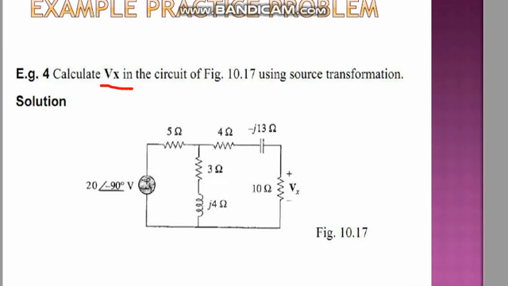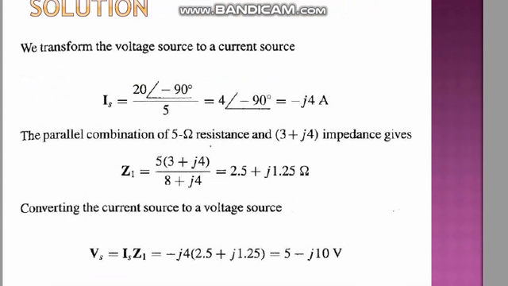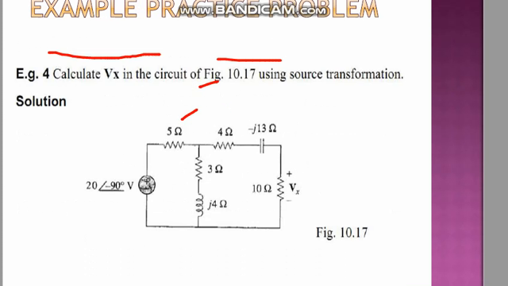Calculate Vx using source transformation. How can you calculate it? Here you can see a voltage source is given, so we have to use source transformation. If we transform the voltage source to the current source, that will be V divided by Z.